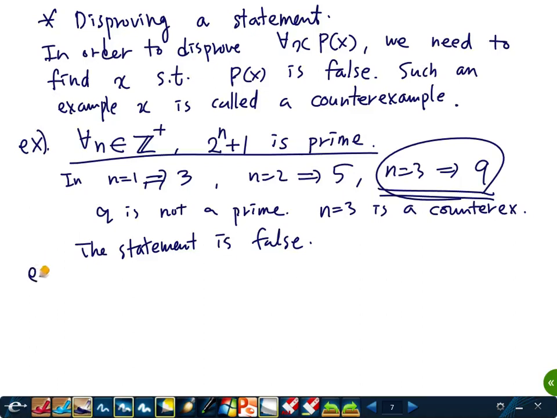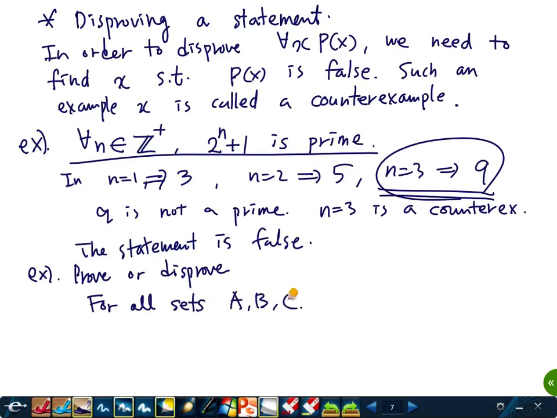All right, prove or disprove: A union B intersect C equals A intersect B union C. So you may have a problem like this.